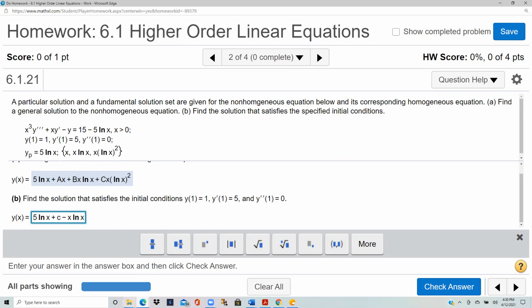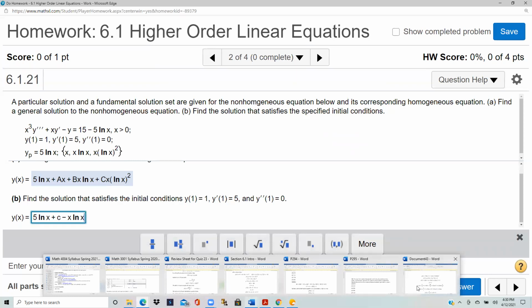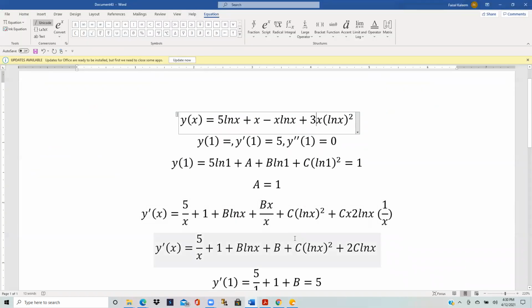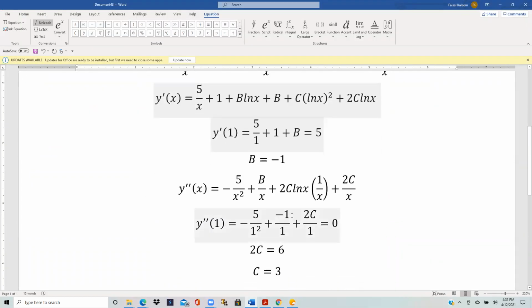Oh, okay, let's see, remember originally we made a mistake in B. So b is -1. Okay, so this is fine. Yeah, 2c would be 6, c would be 3.